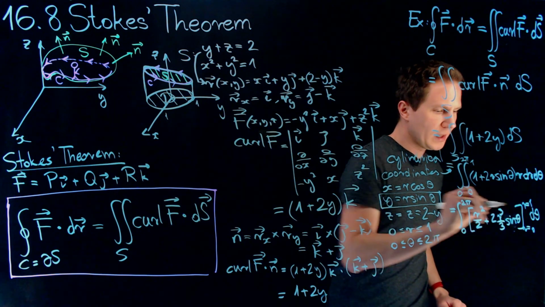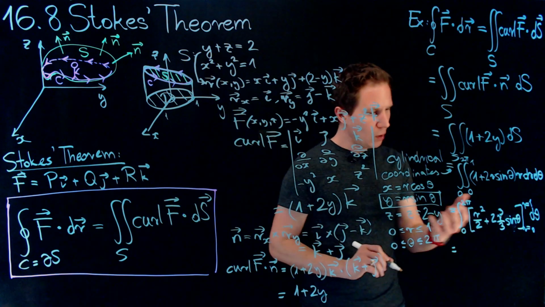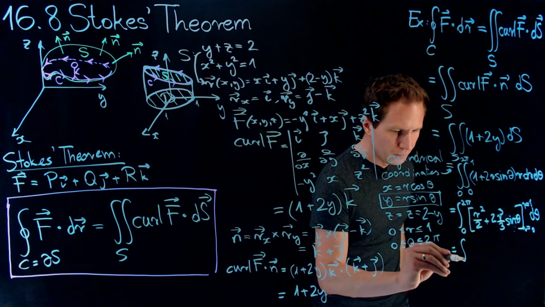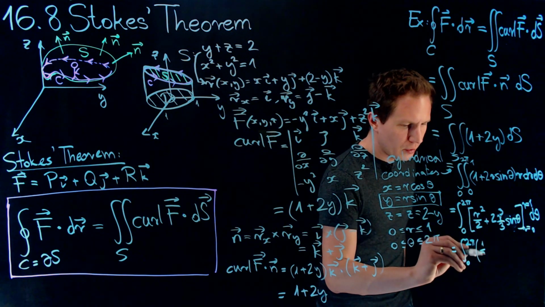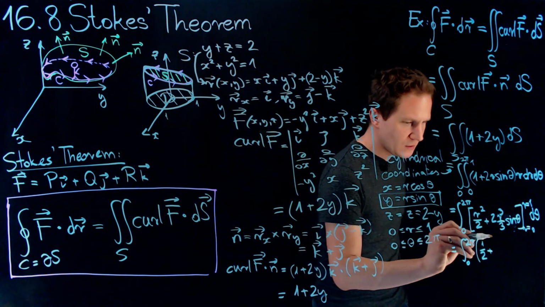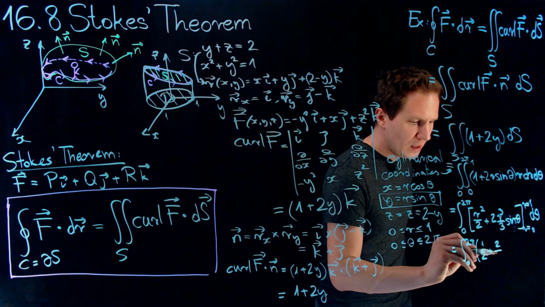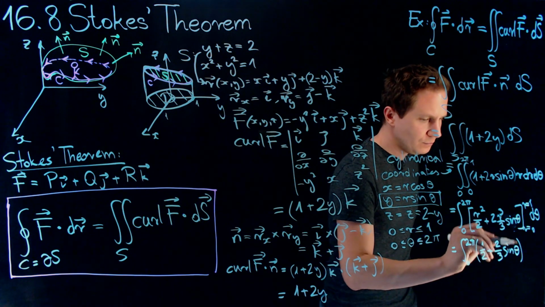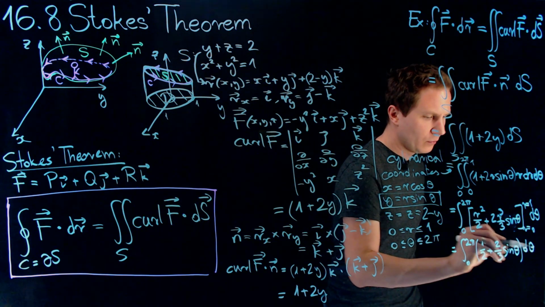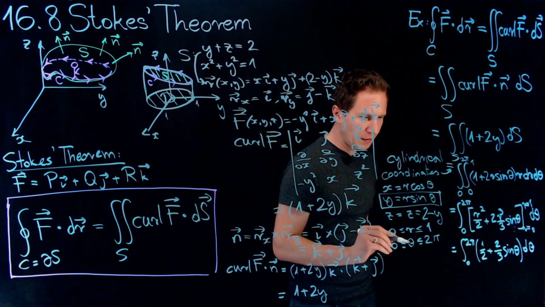Then we integrate with respect to theta. At r equals 1, we get something that's not 0. Namely, it is 1 over 2 in the first term plus 2 over 3 times the sine of theta in the second term. And this is what we have to integrate with respect to theta.